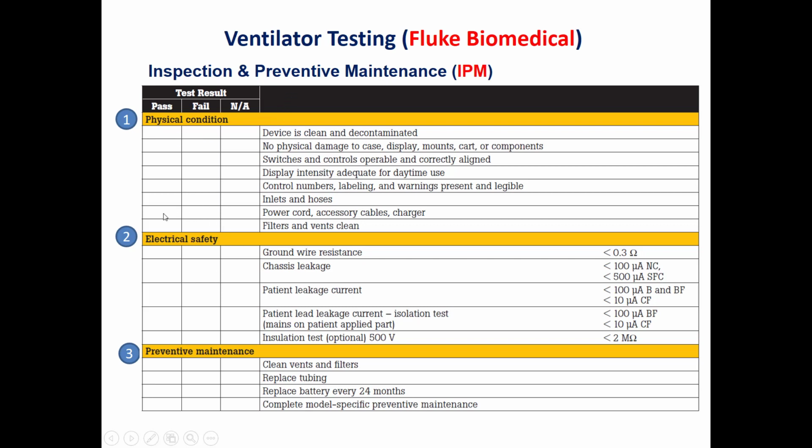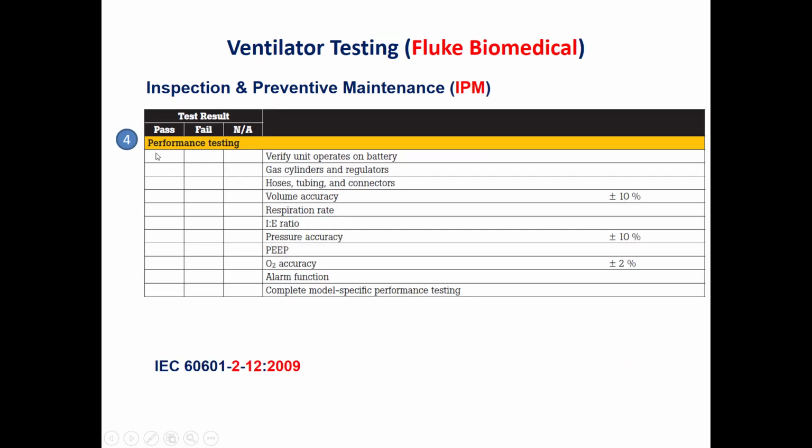The second part will be a check-up for the electrical safety. The third part will be preventive maintenance performed based on the manufacturer's recommendation. And the last part will be the performance testing for this device, and this will be based on the IEC requirements or other requirements, depending on each country.